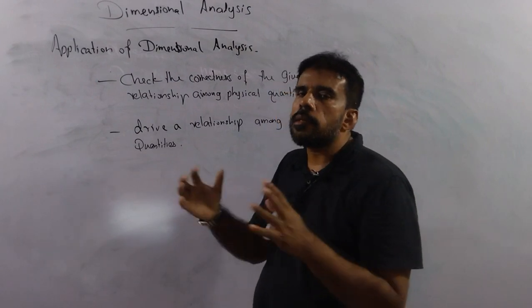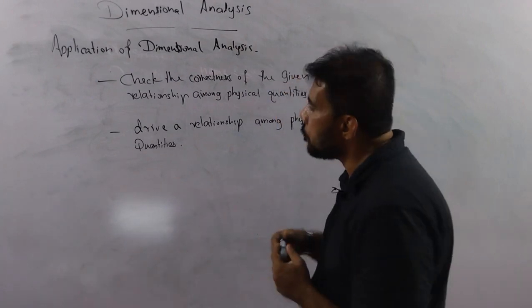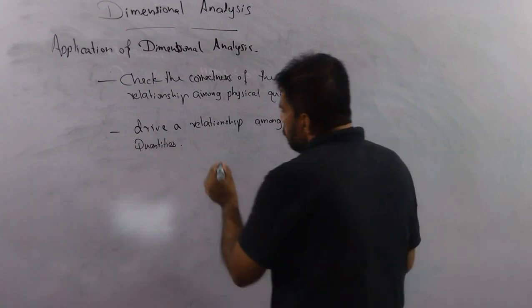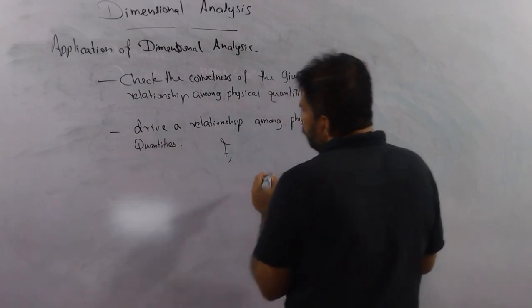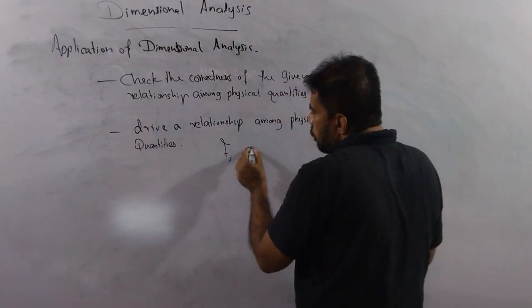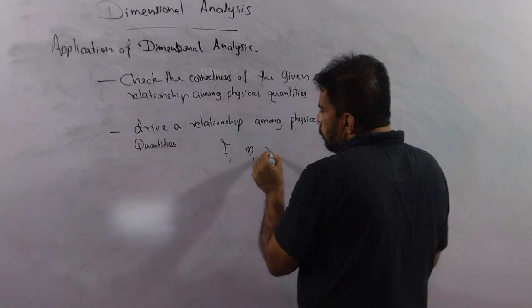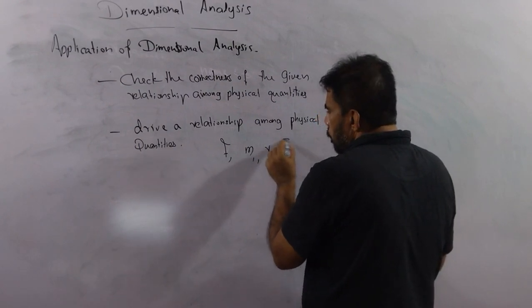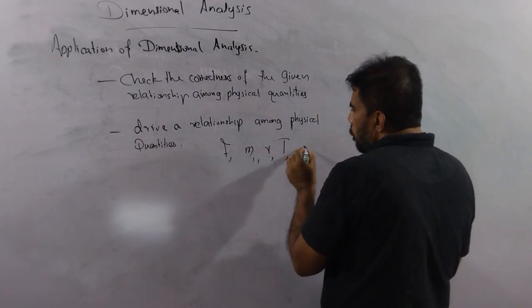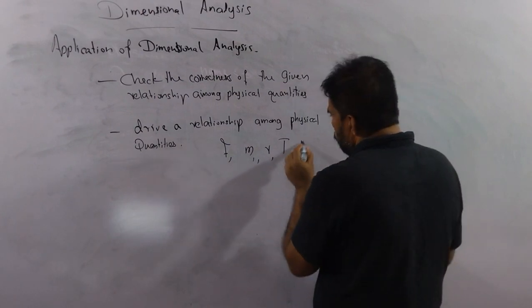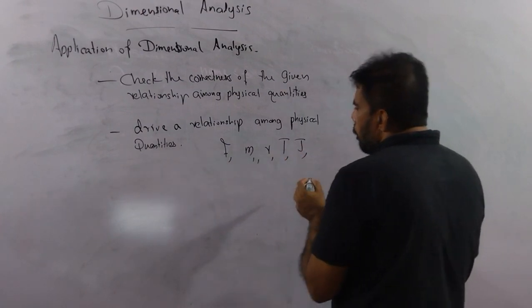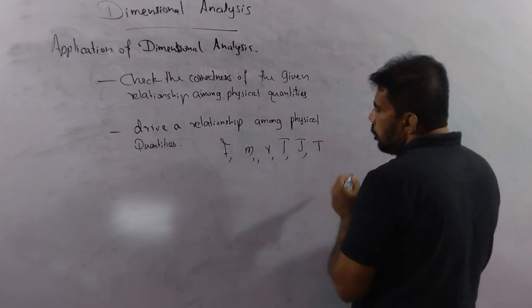He initially assumed that gravitational force is related to weight, mass, distance, maybe temperature, luminosity, maybe time, like that.